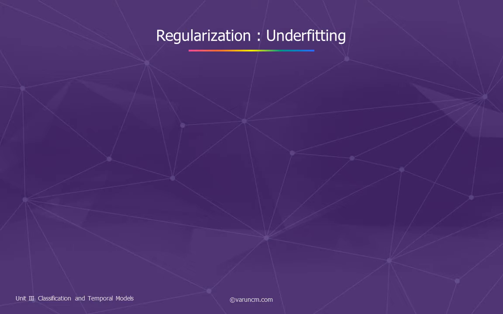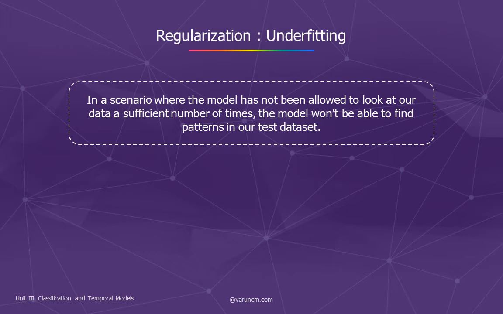So next we can move to underfitting. What is underfitting? It is just the opposite of overfitting, where the model has not been allowed to look at the data a sufficient number of times. In overfitting, we look into the data many times.